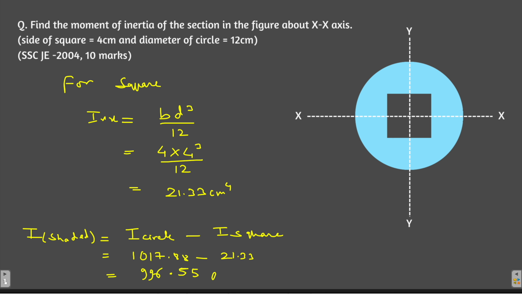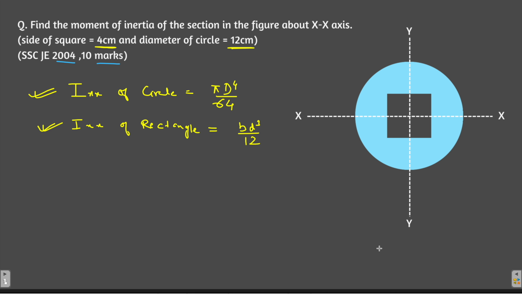So this is the final answer. Centimeter to the power 4, don't forget to write the units. The unit for moment of inertia is whatever the unit of length is, centimeter or millimeter or whatever it is, to the power 4. So this is the correct answer. Very small question, but it is carrying 10 marks. Very easy question, worth 10 marks.